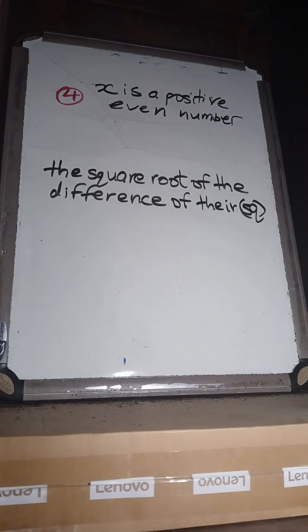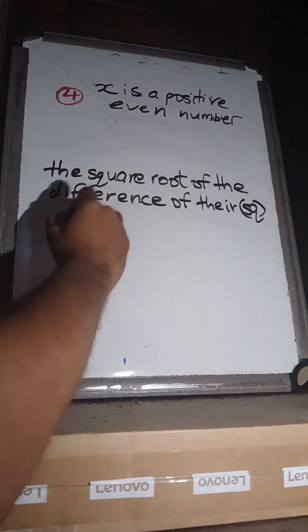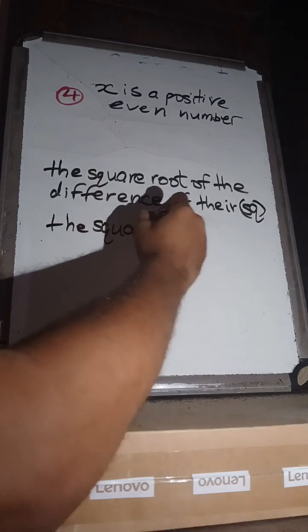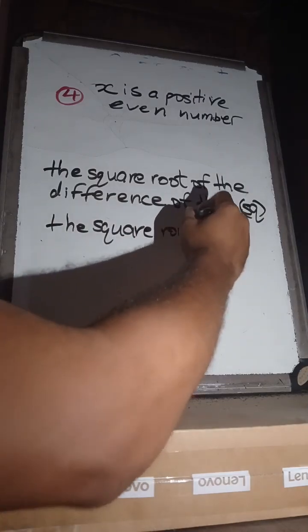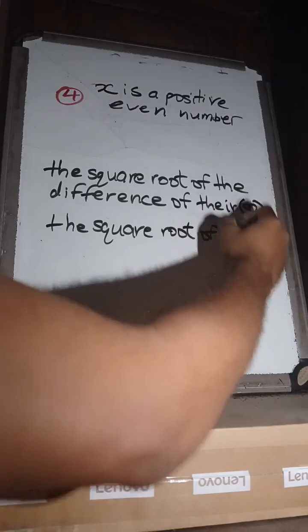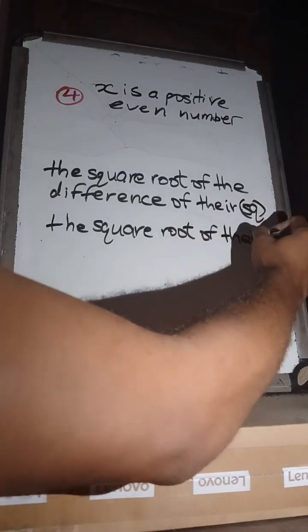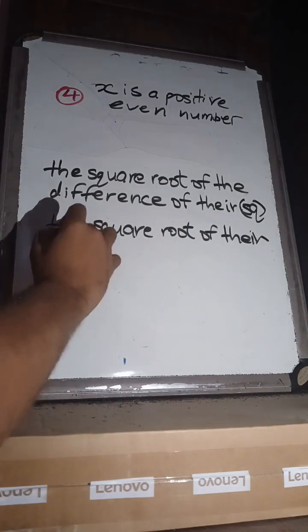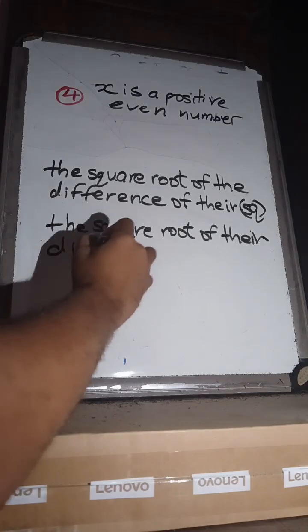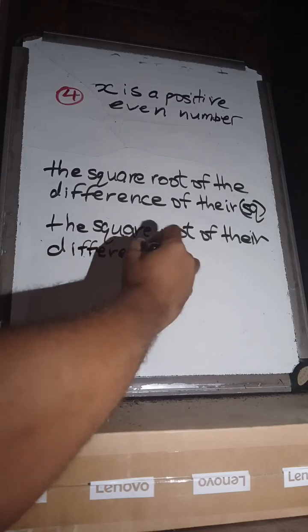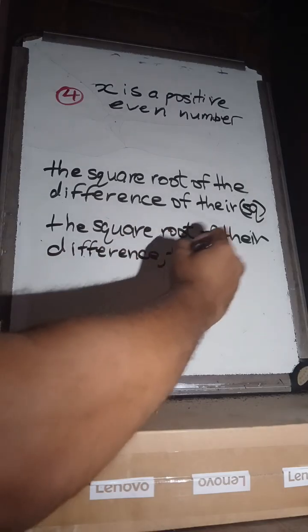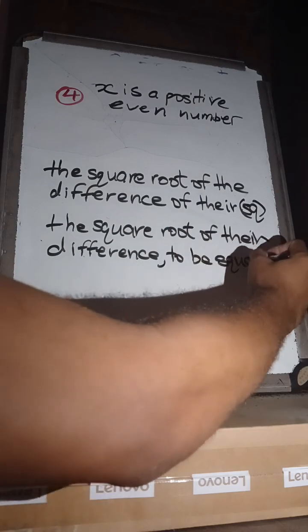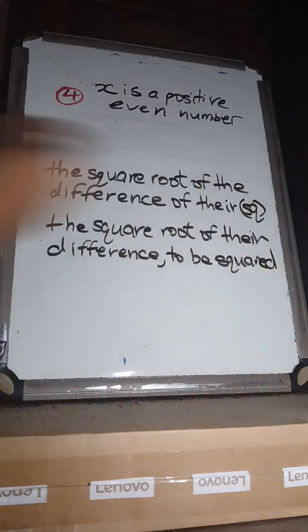The square root of their difference, square root of their difference to b squared. Yeah, wording can be very strange.